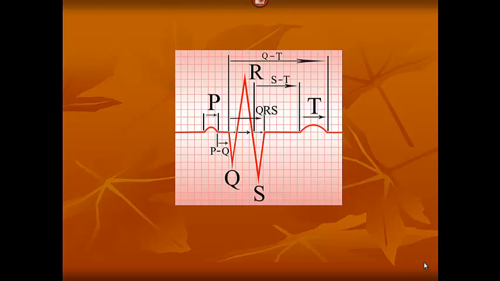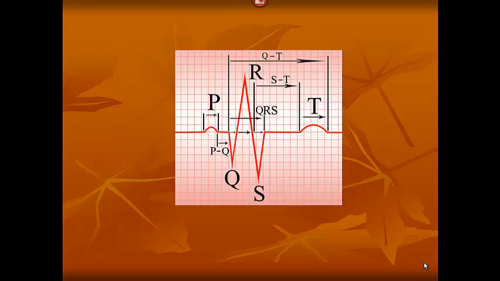Waves are a positive or negative reflection from baseline that indicates a specific electrical event. The waves on an EKG include P wave, Q wave, R wave, S wave, T wave, and also U wave.